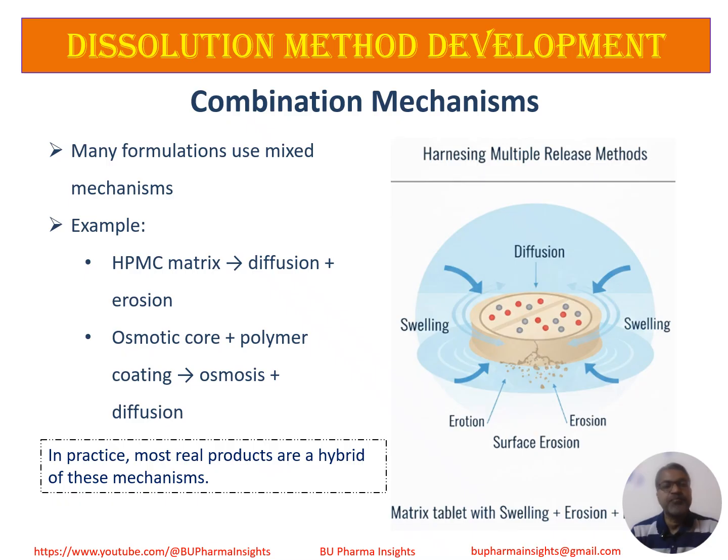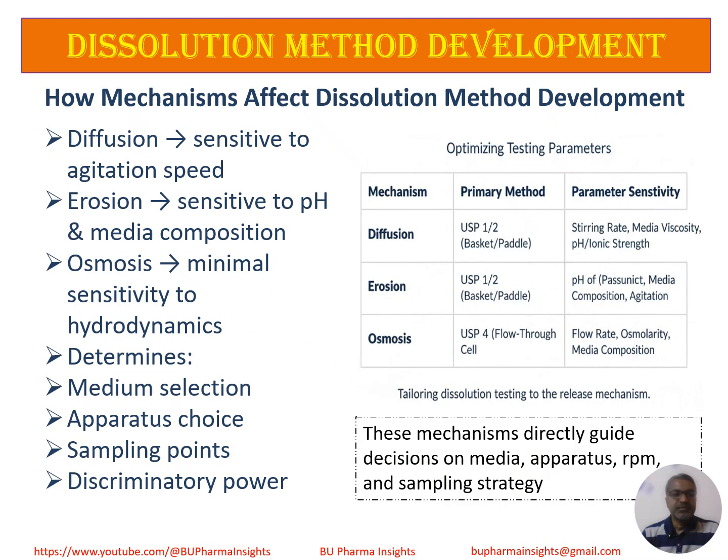For example, an HPMC matrix releases drug by diffusion plus erosion. An osmotic core with a polymer coating combines osmosis and diffusion. Recognizing these combinations helps you to select the right medium, apparatus, and sampling strategy. They guide critical choices such as medium selection, apparatus type, rotation speed, and sampling strategy.